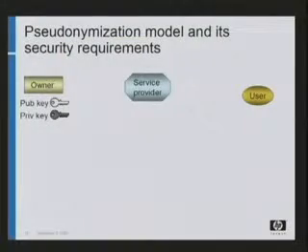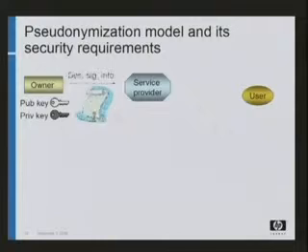All right. For the pseudonymized model, we again consider three parties. We have a data owner who has a document, a service provider who will pseudonymize the document, and the user who queries the pseudonymized document. The data owner will first prepare the document by signing it and providing some auxiliary information. This is given to the service provider in a secure channel.